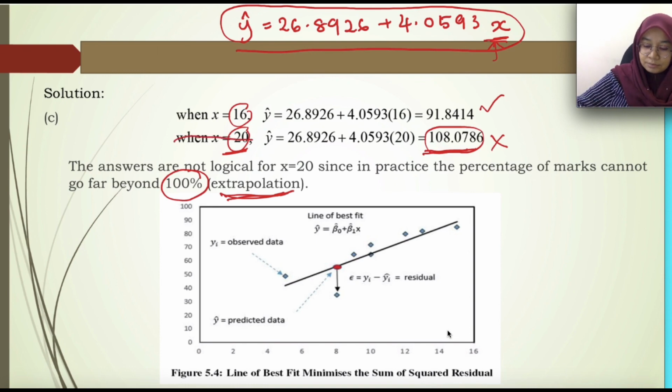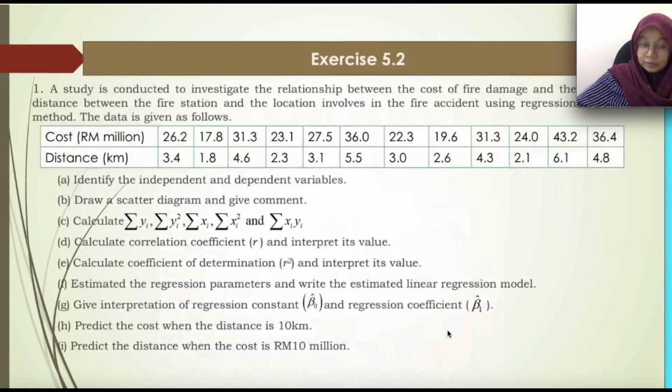So you cannot do prediction for this one. Okay, before you do this exercise, we recall a little bit. What you have done is actually, in simple linear regression, first your equation.